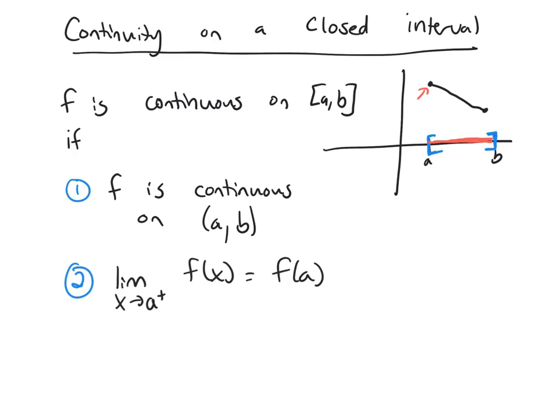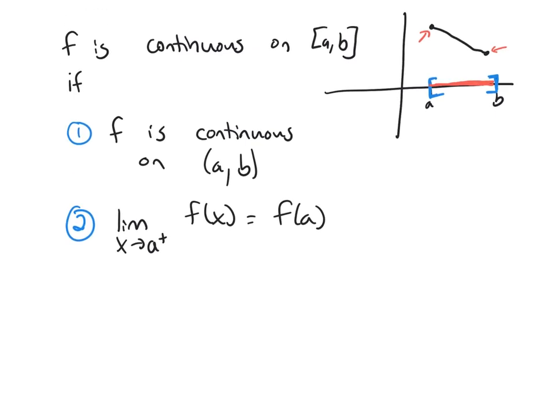Inside of that interval, I only have numbers on the right of a. I don't have anything to the left of a. And then you're going to have a similar condition for this other endpoint, but now it's going to be a left-handed limit. So the third condition is that the limit as x goes to b from the left is equal to f of b.